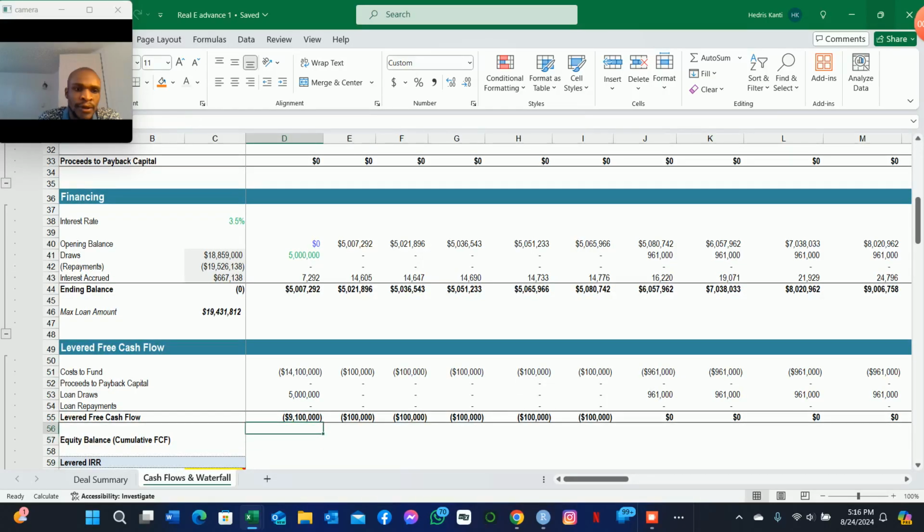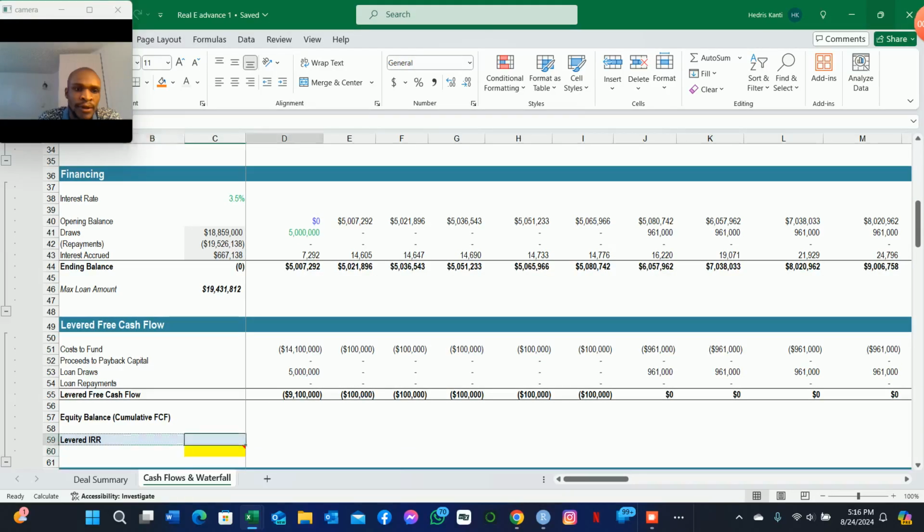For now, we want to calculate the levered internal rate of returns. So in this case, it's gonna be based on the levered free cash flow. So we're gonna use the XIRR formula in Excel. But before we do that, we want to calculate the equity balance.